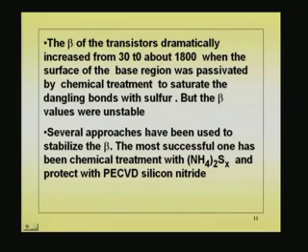That means you have passivated it very well. Those transistors which were very poor improved to 1800 when the surface of the base region was passivated by chemical treatment to saturate the dangling bonds with sulfur: gallium sulfide, arsenic sulfide. So, that is a sort of stable compound.